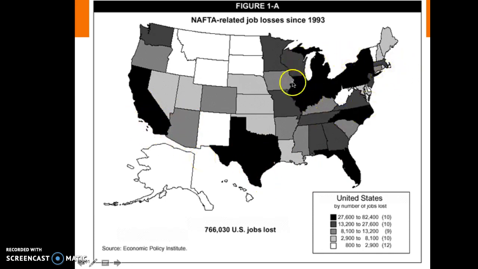The Northeast, all the way up to Illinois, where many of the factories were, including automobile factories. And then in areas that were increasing the amount of manufacturing they were doing, and then North Dakota, South Dakota, Idaho, lost about 800 to 2,900 jobs. So they haven't really lost any jobs to Mexico up here.